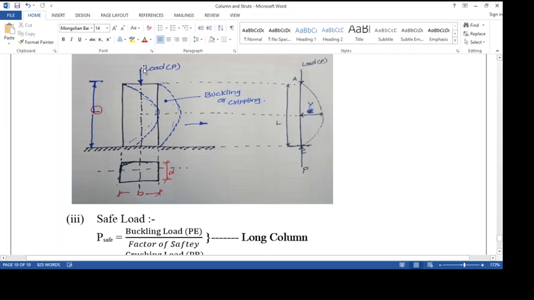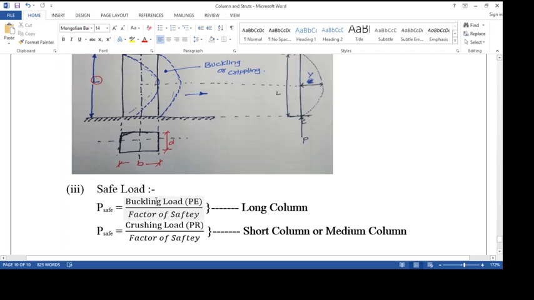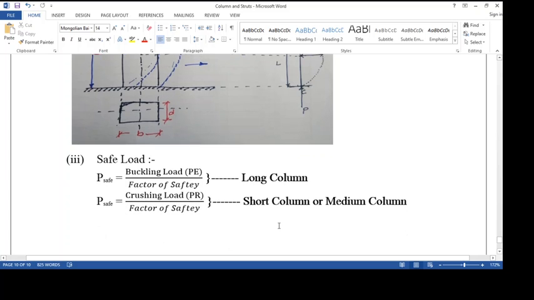After you find the load, you apply the factor of safety and you get the safe load. Safe load is equal to, for Euler's theory, buckling load divided by factor of safety, and the same for Rankine's theory, crushing load divided by factor of safety. Euler's theory is applicable for the long column. Rankine's theory is applicable for short columns and medium columns.